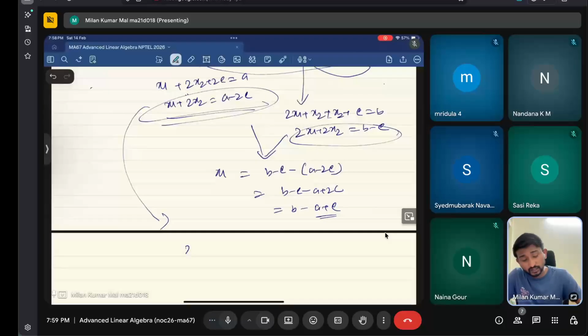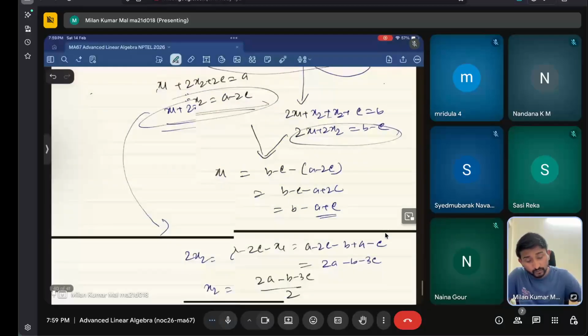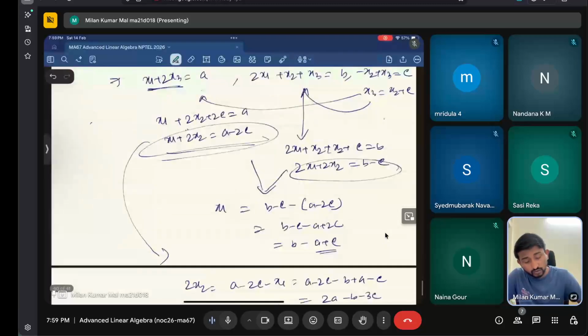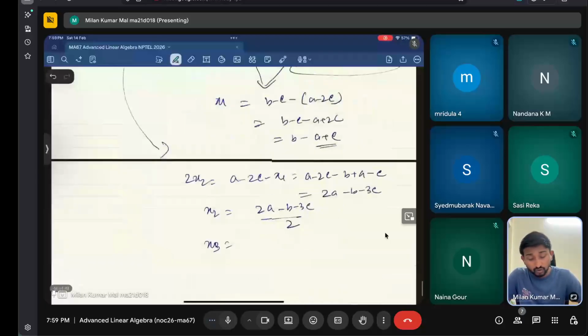So x2 is equal to (2a minus b minus 3c) by 2, and x1 is already obtained. So x3 is equal to x2 plus c, so (2a minus b minus 3c) by 2 plus c. This will be 2c, that is (2a minus b minus c) by 2. So these are x1, x2, x3.